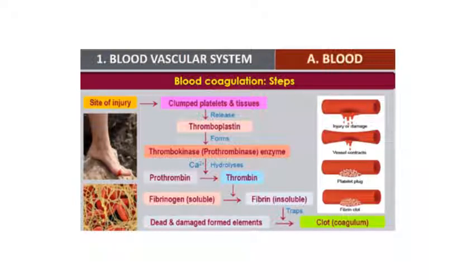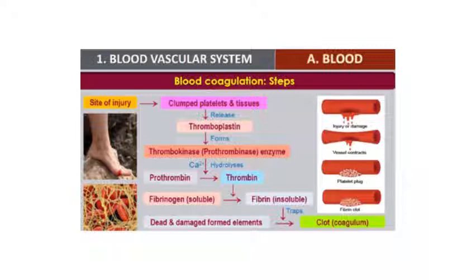So how does this blood coagulation occur? Whenever there is an injury or damage in the body, a signal is sent to the platelets and tissue. They convert thromboplastin into prothrombin by the enzyme called thrombokinase. Then the prothrombin is converted into thrombin, which in turn converts fibrinogen into fibrin. Now fibrinogen is soluble whereas fibrin is insoluble.